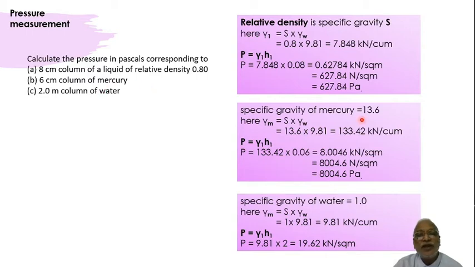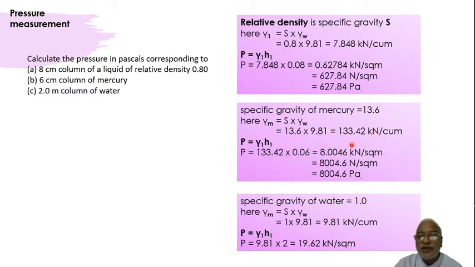The second case, case B, that is 6 centimeters column of mercury. Now mercury, I know the specific gravity is 13.6. How to calculate specific weight? By knowing specific gravity, gamma m is equal to S into gamma W. S is known, gamma W is known. 133.42 kilonewton per meter cube would be gamma. The height is given 6 centimeters, so I'll substitute H as 0.06.